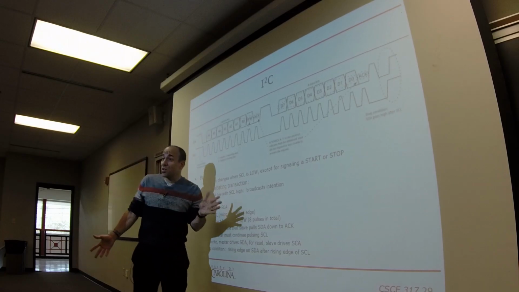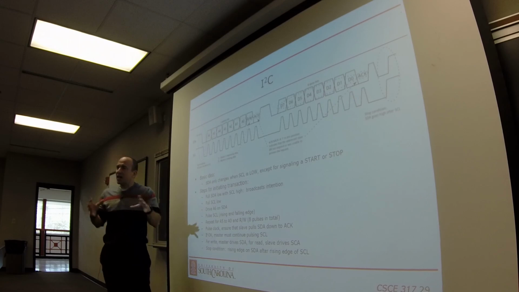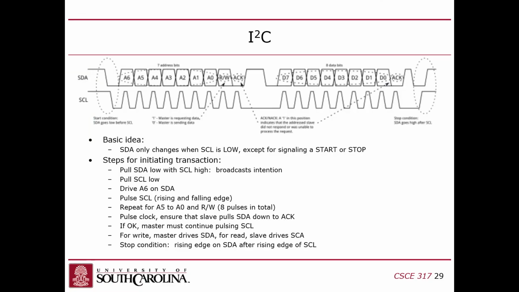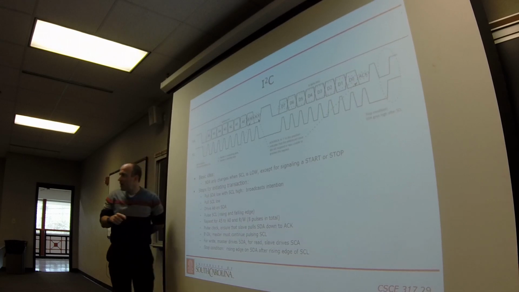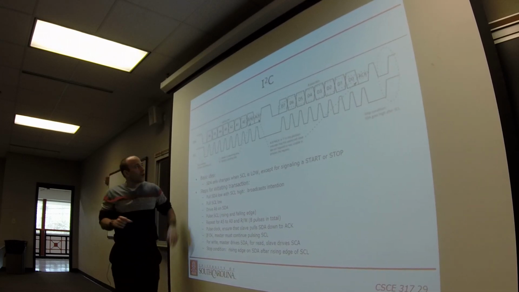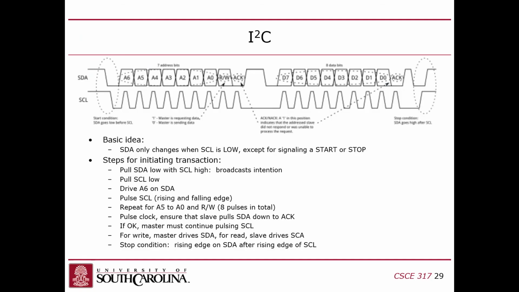Make sense? So this is not acting as though it's an edge-triggered clock. This is a level-sensitive type of latch system where the data gets consumed when the clock is high, and you're expecting that there should be a rising and a falling edge of the clock for each bit that you send. Make sense?